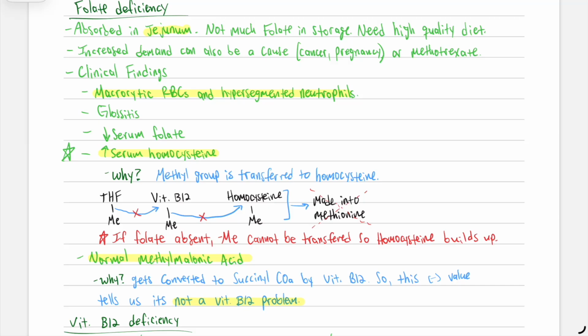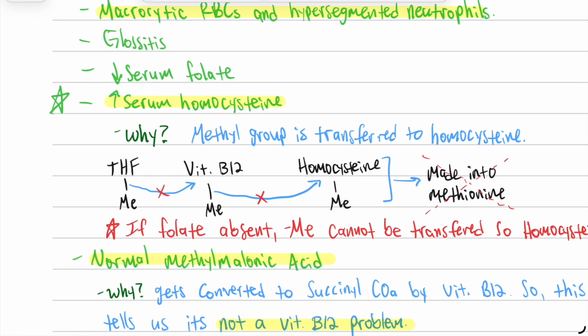But some clinical findings we can find with folate deficiency are macrocytic red blood cells and hypersegmented neutrophils, glossitis, obviously a decreased folate level in the serum, and elevated serum homocysteine. Now, homocysteine is interesting because homocysteine requires a methyl group to be transferred to it, and in order to transfer that methyl group, we need folate.